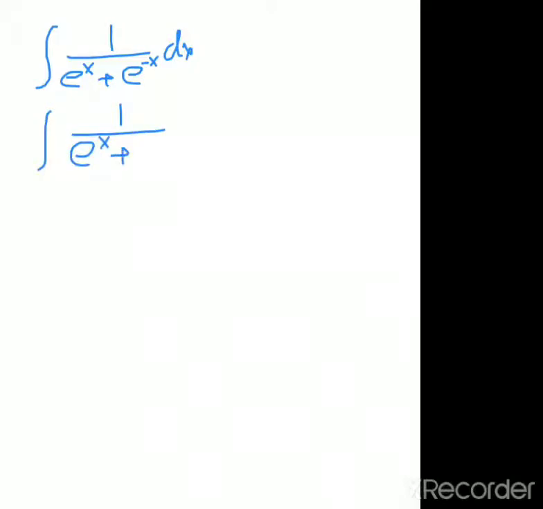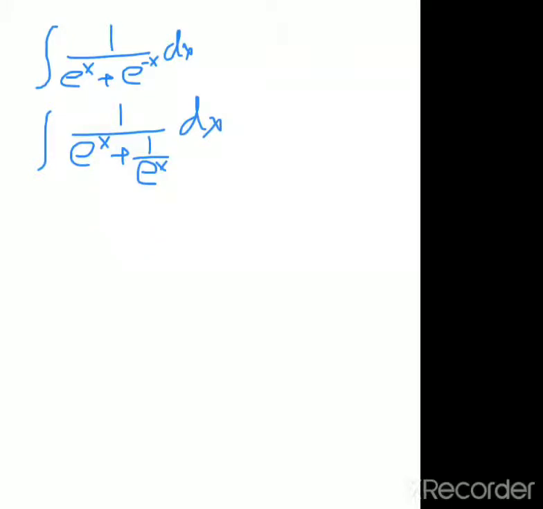Now the next question we are going to take is integral 1 upon e to power x plus e to power minus x dx. What I could do is take it in the form 1 upon e to power x plus 1 upon e to power x. e to power minus x can be written as 1 upon e to power x.